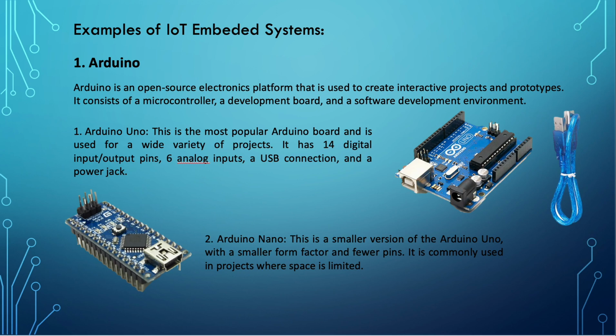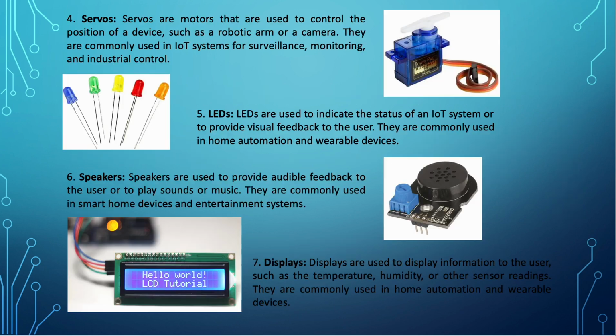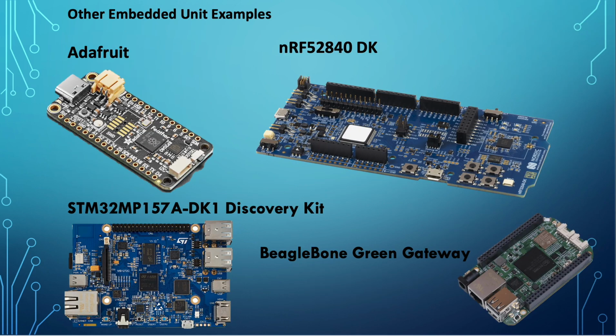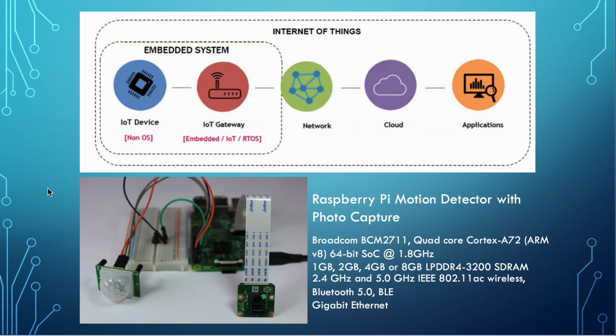When we are prototyping, when we are building an embedded IoT device, which will be our end goal of this lesson, or of this subject, we will be using this embedded system as a platform to connect our actuators and sensors and take readings out of them, right? So these are the embedded systems examples, right?